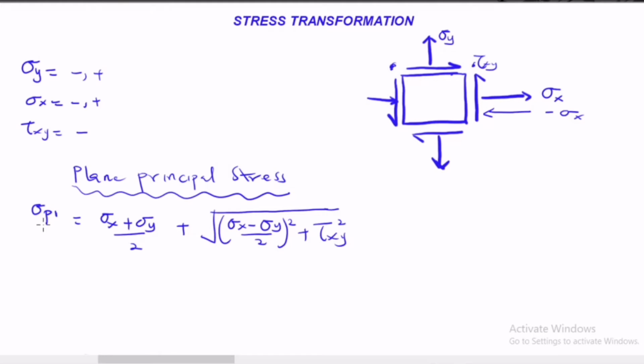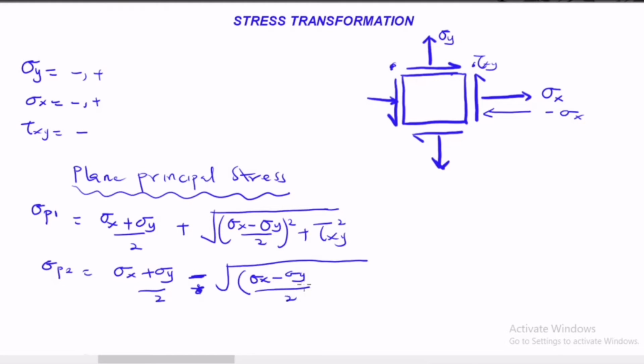This is for the plane principal stress 1, and for the plane principal stress 2, it is the stress in the x direction plus stress in the y direction divided by 2 plus the square root of... this is with the plane principal stress 2, we have minus, this becomes minus half square root of stress in the x direction minus stress in the y direction all over 2 all squared plus the shear stress in the x and y direction also squared.